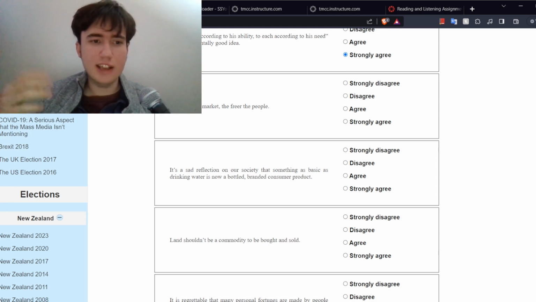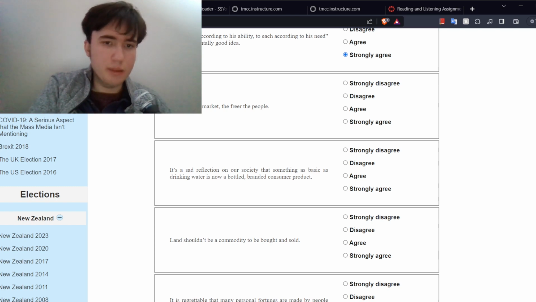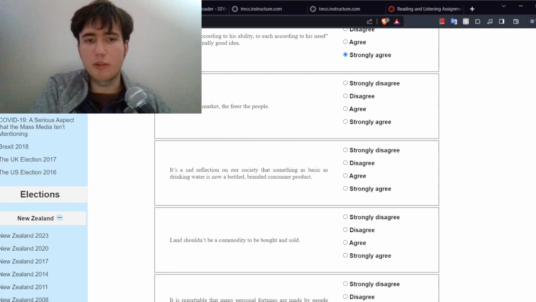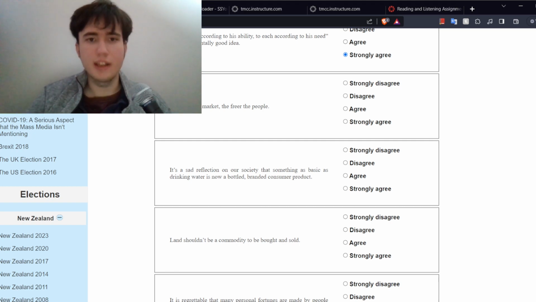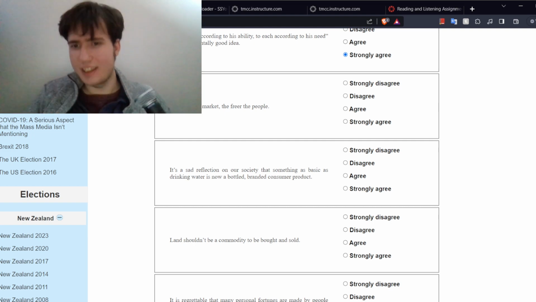There's an aspect of freedom that's more about being able to do different things that you want to do, which some people would say is more possible when you have regulations on the market. But then there's another kind of freedom that just is, we're not restricted by any authority from doing what we want to do. So there's different ways to interpret even the concept of freedom. So this question here is not clear what exactly it's asking.